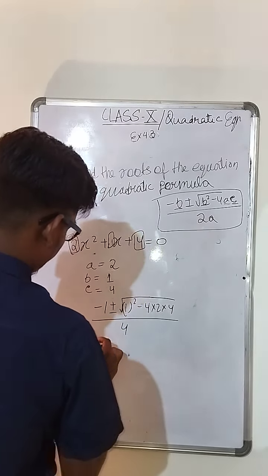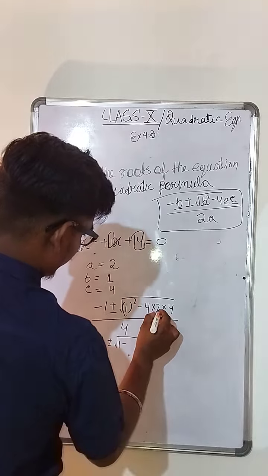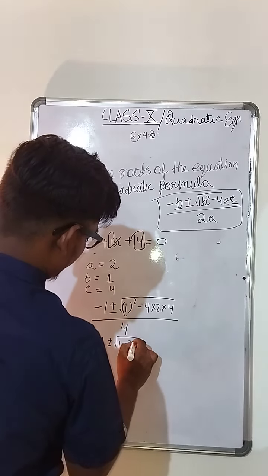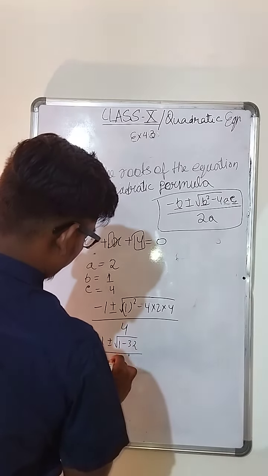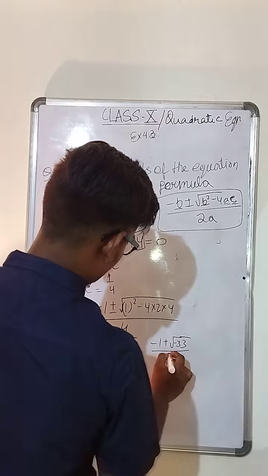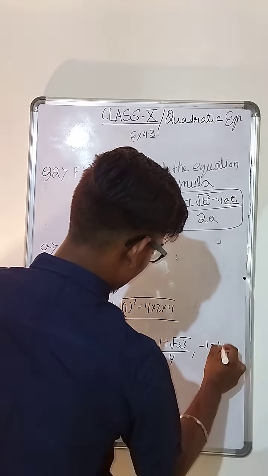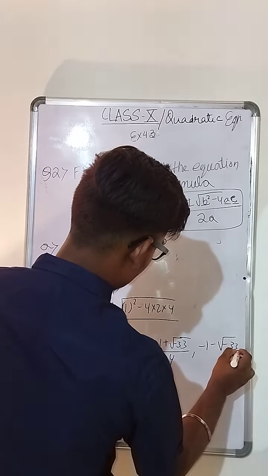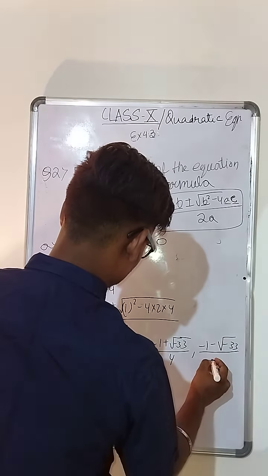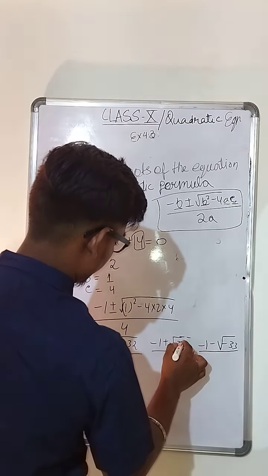divided by 4, minus 1 plus minus under root 1 square means 1 minus 32 divided by 4. So minus 1 plus root minus 31 by 4, another one will be minus 1 minus root minus 31 by 4, sorry, not 33, minus 31.